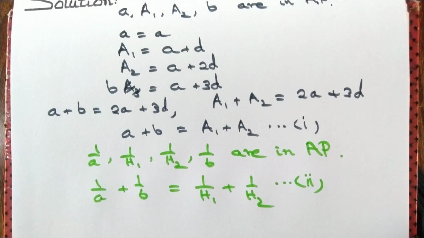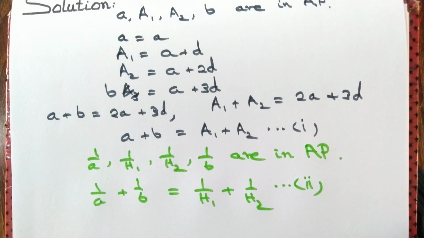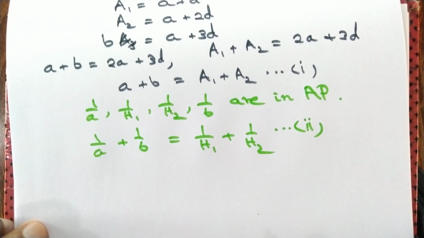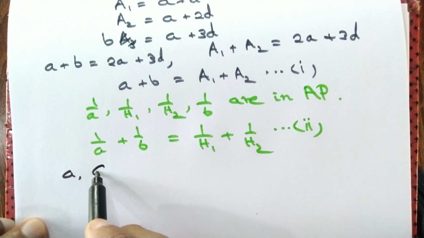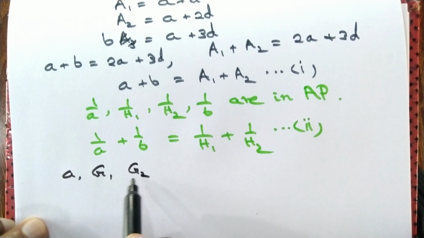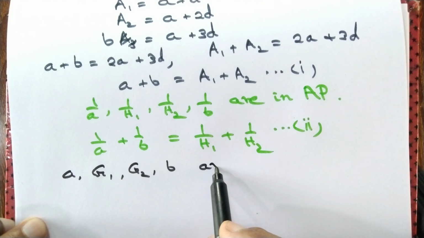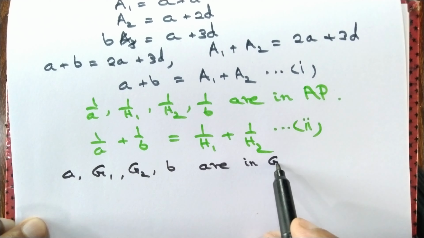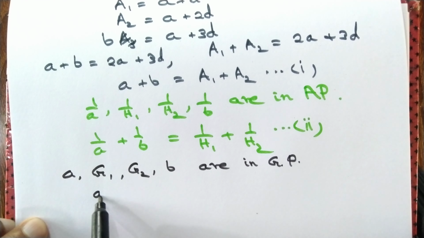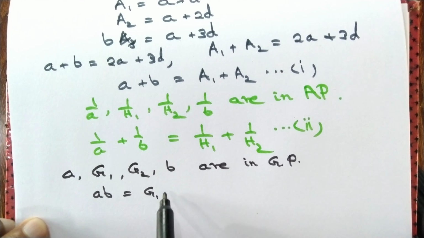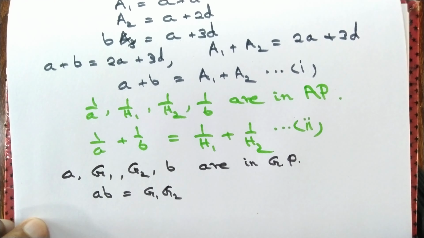Lastly, we are given that a, g1, g2, b are in GP. Then we can conclude that ab equals g1 g2. If you believe it, well and good.